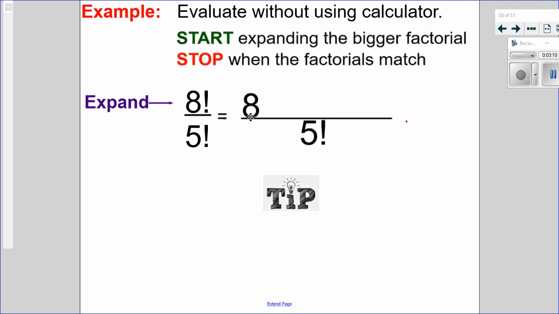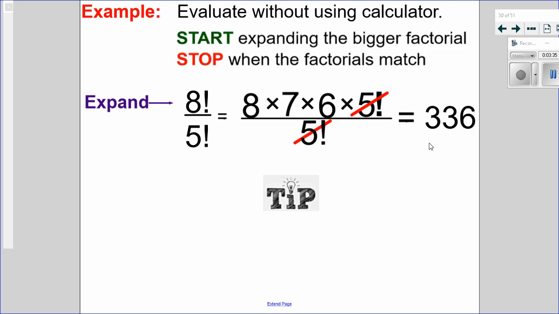I'm going to start with 8, and then go 1 less, and multiply it by 1 less, and multiply it by 1 less. I see that these match. So I'm going to end my factorial there, and these cancel out. So 8, 7, 6, 5 factorial, which would really mean 5, 4, 3, 2, 1. Those cancel, and I'm left with 8 times 7 times 6, which is 336.